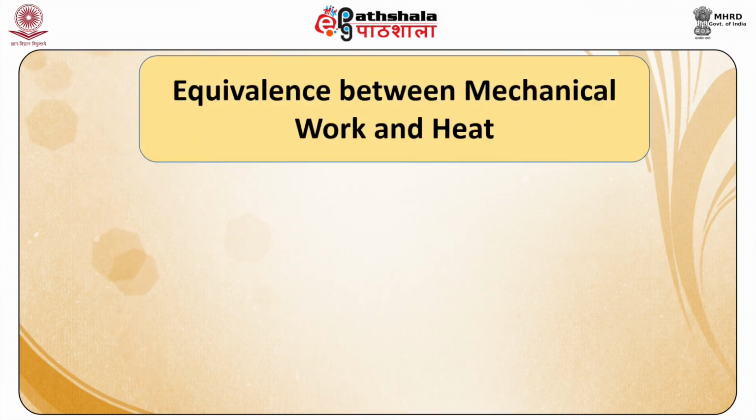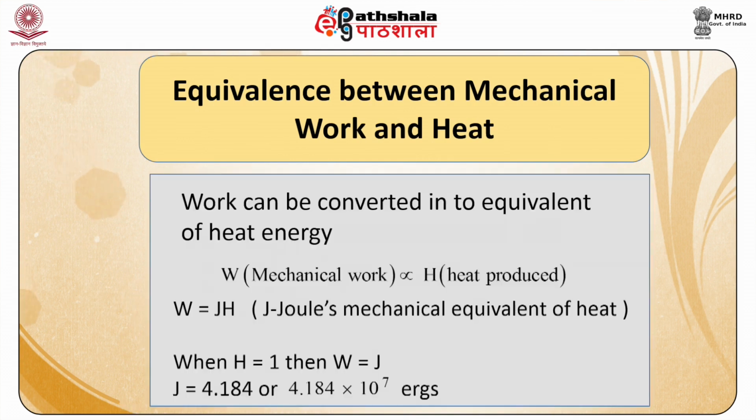Equivalence between mechanical work and heat. Work can be converted into an equivalent of heat energy. If W is a mechanical work, it is proportional to H, the heat produced. So W is equal to JH. When this proportionality sign is removed, it is replaced by a constant J, which is known as Joule's mechanical equivalent of heat.